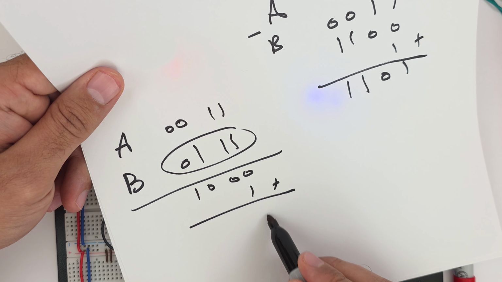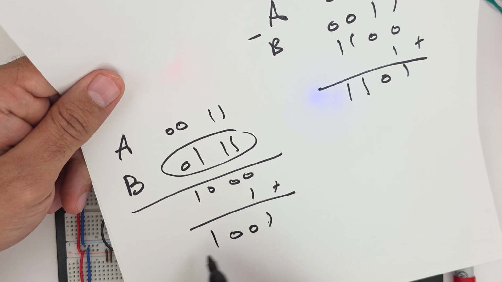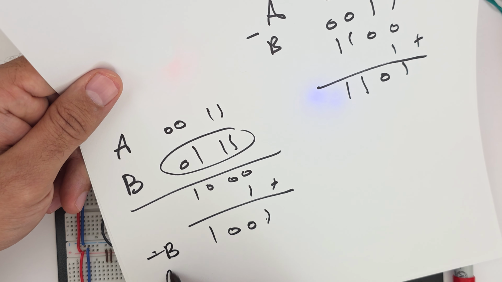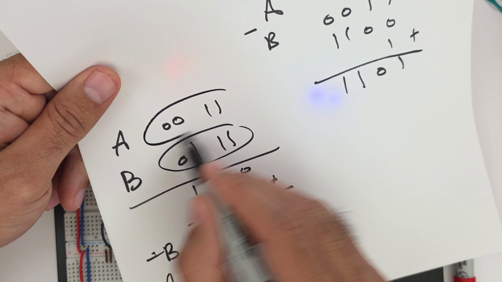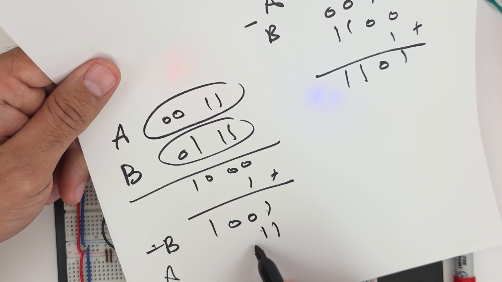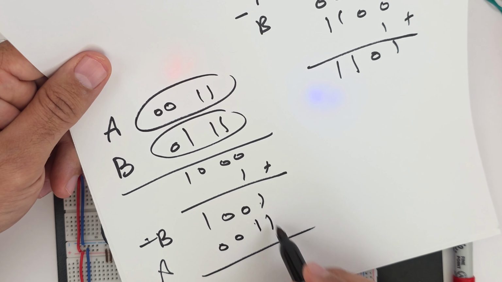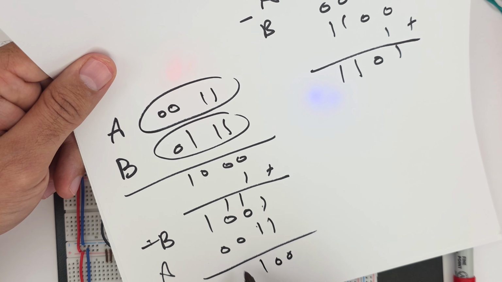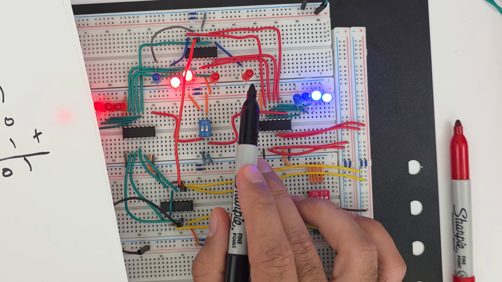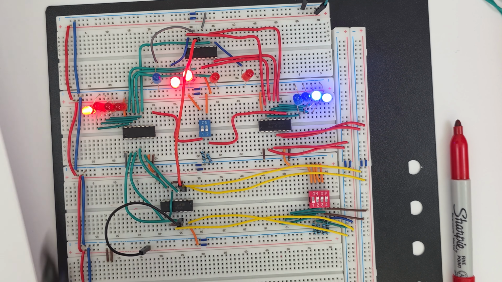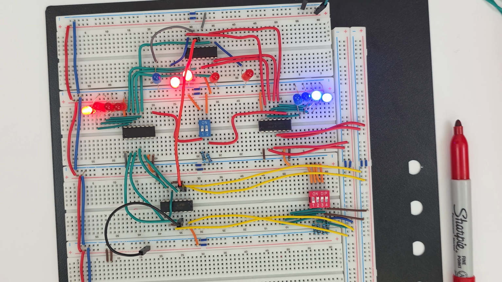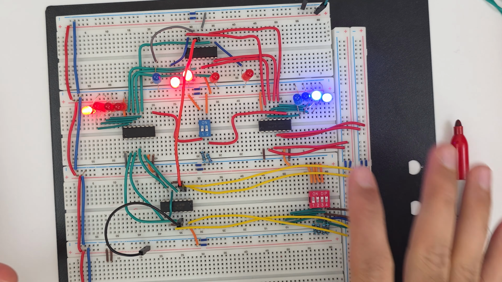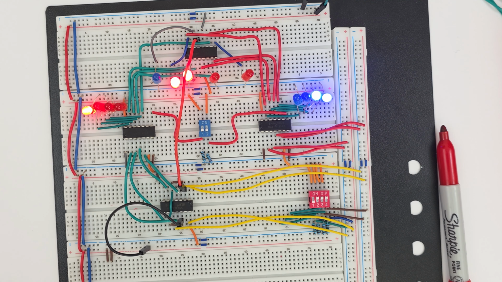So the value will be 1, 0, 0, 1. So this is minus B. We need to add A. So A is equal to 1, 1, 0, 0. So the value is 0, and we have 1 here. 0, we have 1 here. 1, 1. So do you see? 0, 0, 1, 1. So I think we finished the subtraction circuit.